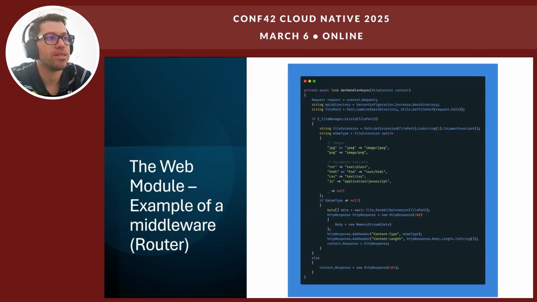Metadata is like the MIME type of the resource that you return, based on the file extension, the content length of the body, and of course the content of the file in the body, and the HTTP code that is 200 because we found the resource.